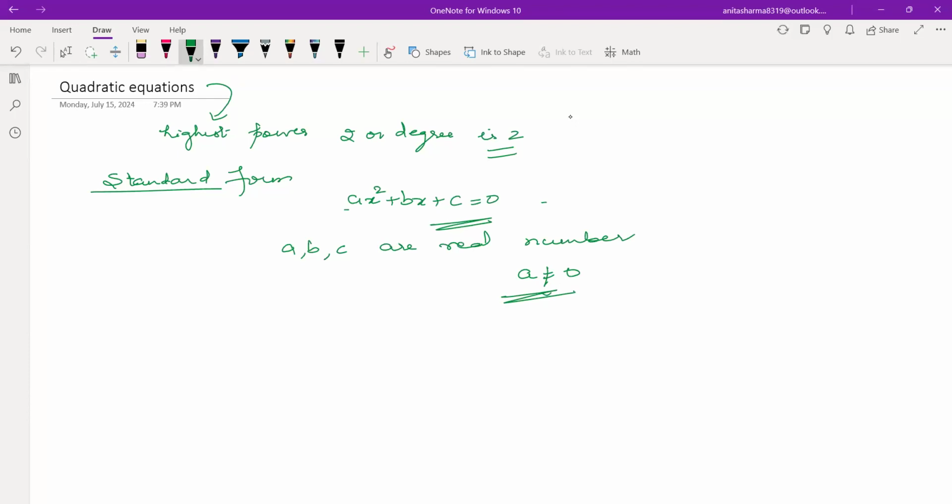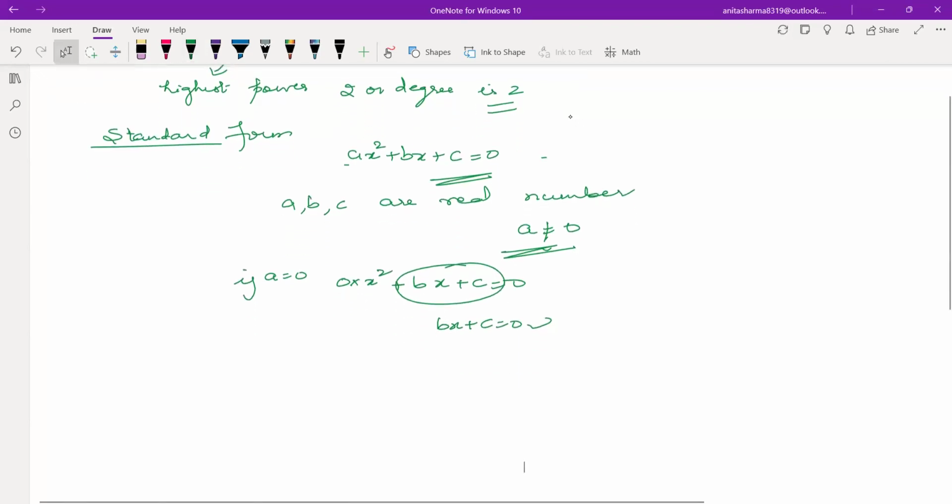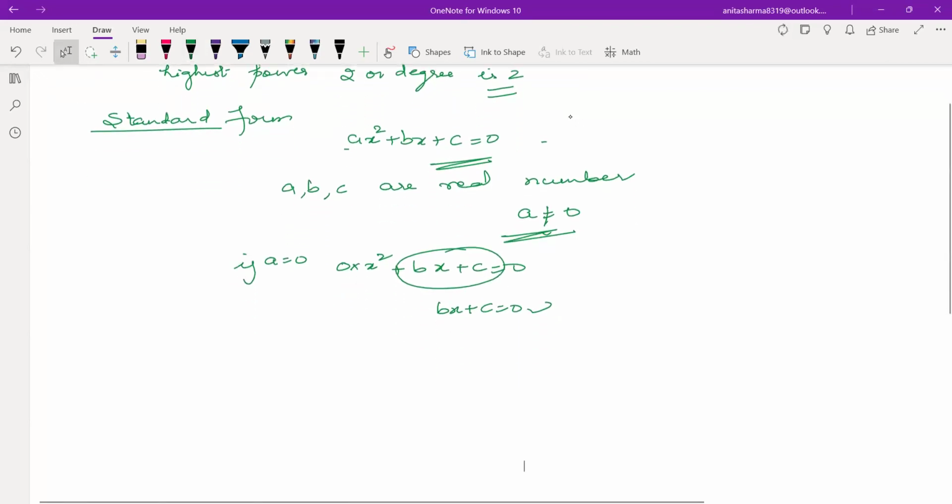Because if a is 0, then bx plus c is equal to 0, and it will become a linear equation. So a should not be equal to 0. Clear?